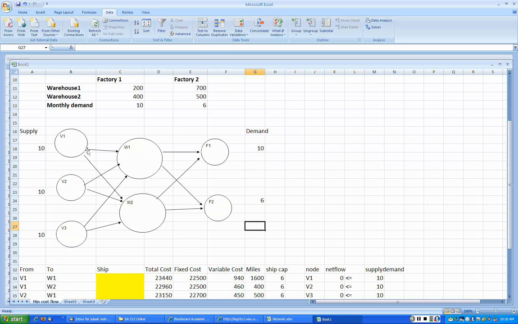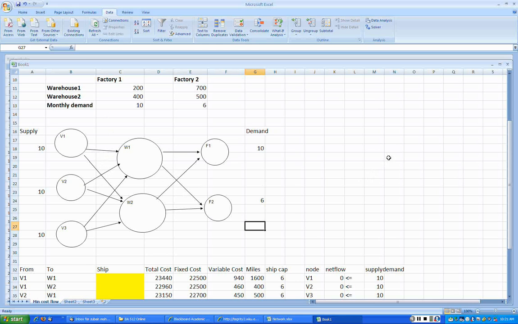Vendor 1 can send at most 6 units from V1 to W1 and at most 6 units from V1 to W2. If it ends up sending all 10, it will be a combination on these routes that sums up to 10, but on each route it cannot supply more than 6. So we have shipping limitations of 6 on each of those routes, as the problem states.